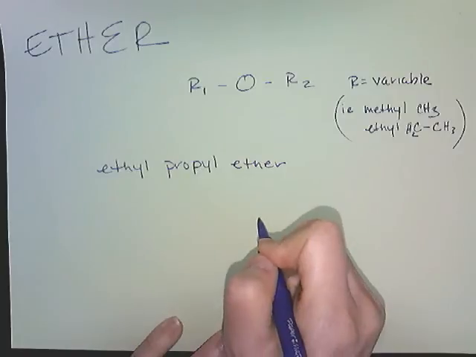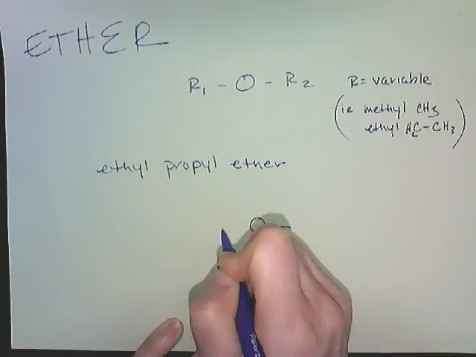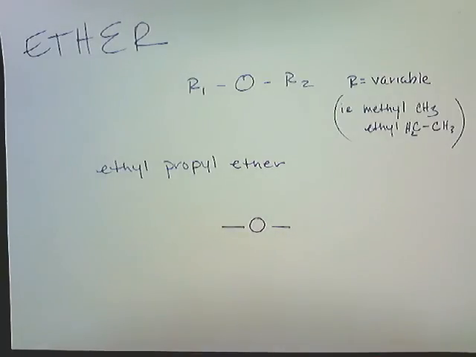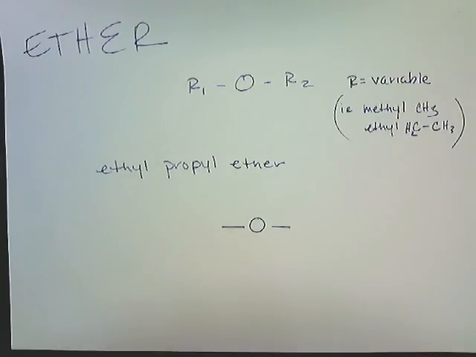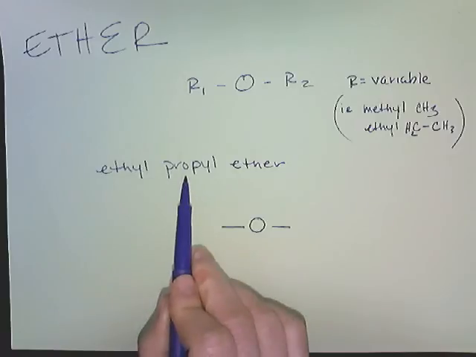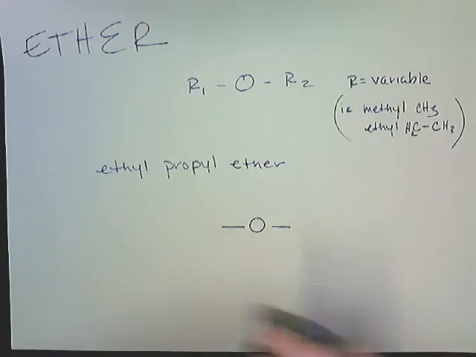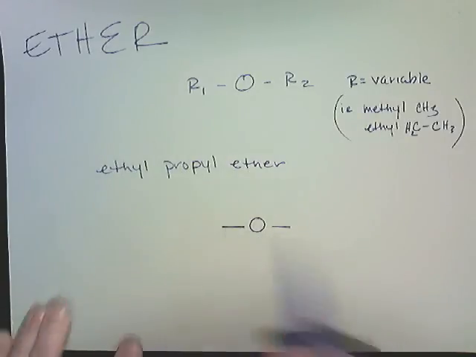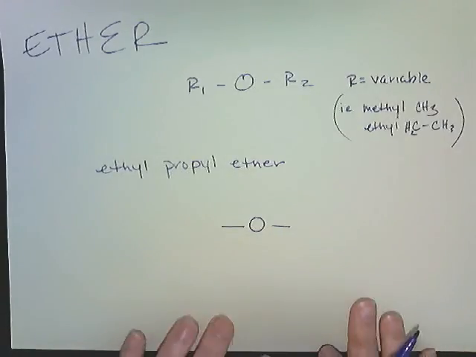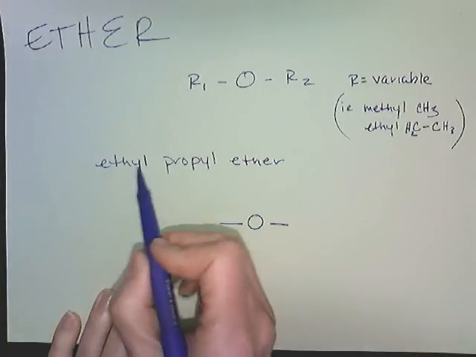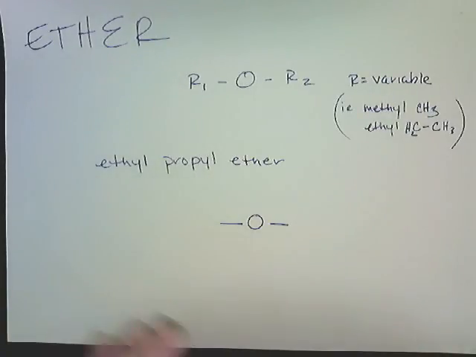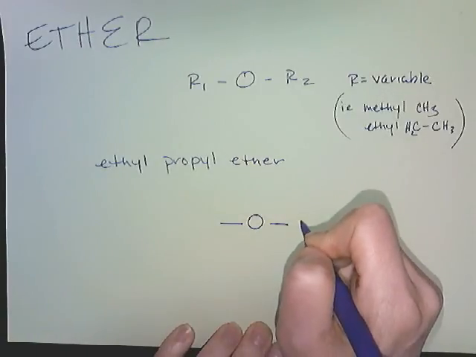Since it's an ether, we just draw that O with 2 bonds, and then we try to figure out what's attached. Okay? So this is just written in alphabetical order. It doesn't matter which end you put the ethyl or the propyl group, but nonetheless you're going to add the alkyl groups because it's YL and YL, they're alkyl groups. So you can add them like this.